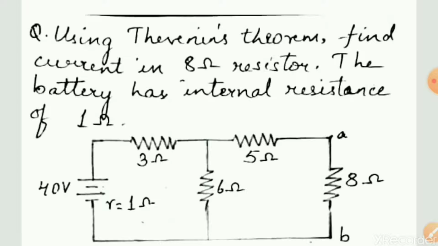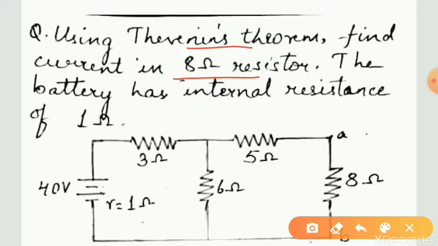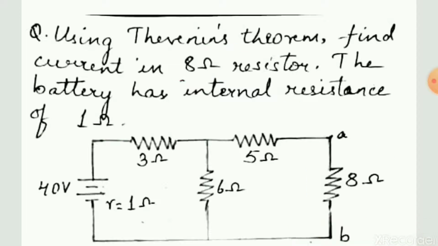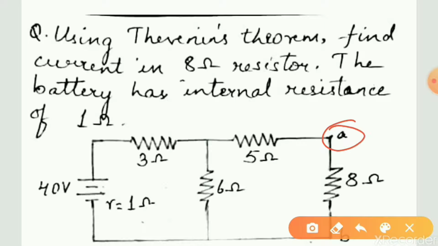So the question states, using Thevenin's theorem, find current in 8 ohm resistor. The battery has internal resistance of 1 ohm. So we have a circuit here, and terminals across load is AB and load resistor is 8 ohm.